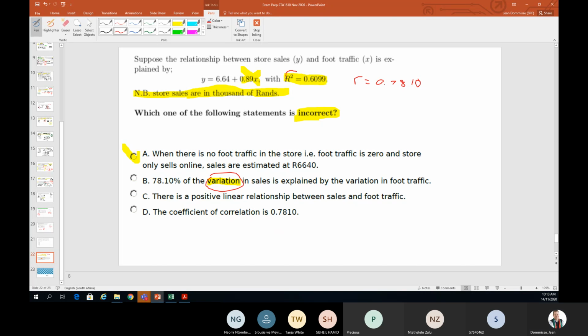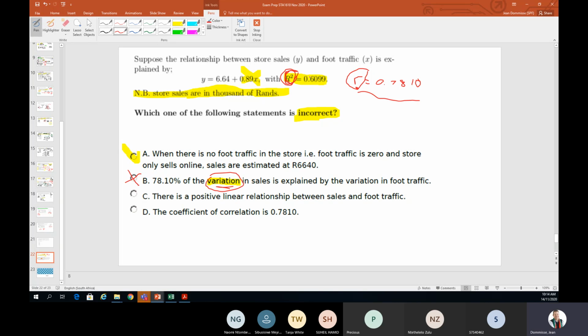Remember, that is the coefficient of determination, R squared, that explains the variation. R would have explained the correlation. So if you took the square root of that, you would have gotten that answer, but we want variation and not correlation. So that is the wrong one.